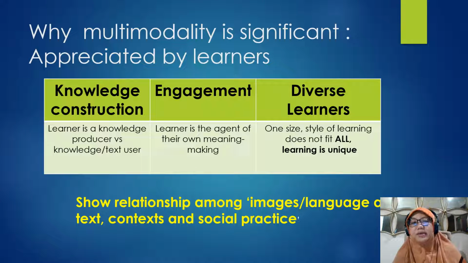Therefore, by having multimodal practices of learning, the visual literacy, the technology as well, it allows learning to happen in a very unique, creative way. So what I can conclude here is that it shows the relationship among images, language, text, context, and social practices.